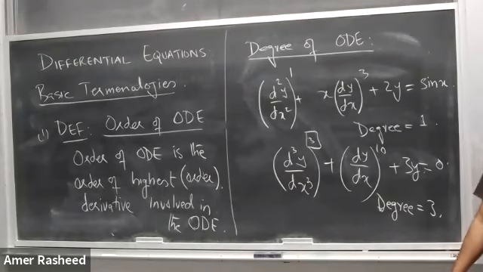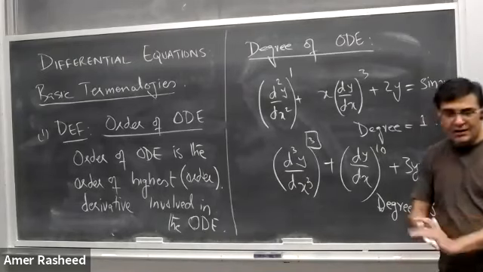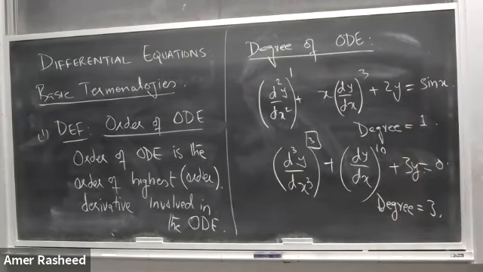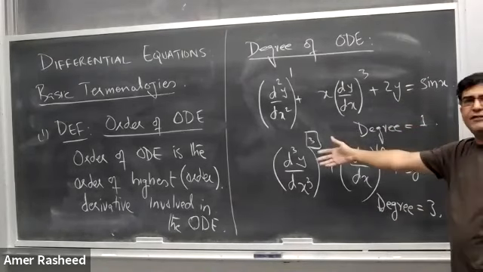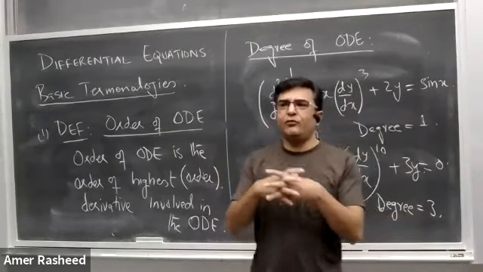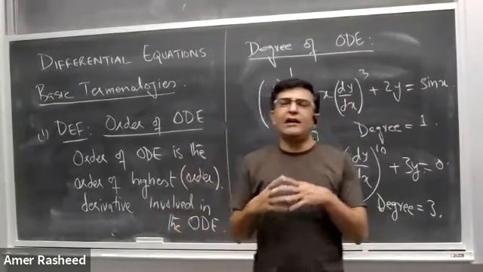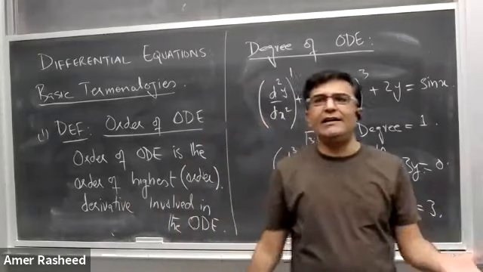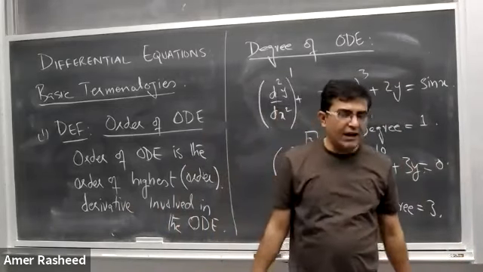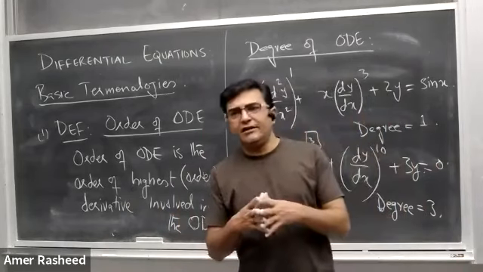Any question? If there is any question, you can ask me. Otherwise, we are going to stop here today, and we shall discuss some other basic terminologies in the next lecture. For example, these are basically classifications of differential equations. We can classify them with respect to their order, their degree, and their linearity, whether they are linear or non-linear, and a couple more basic concepts which help us classify differential equations.